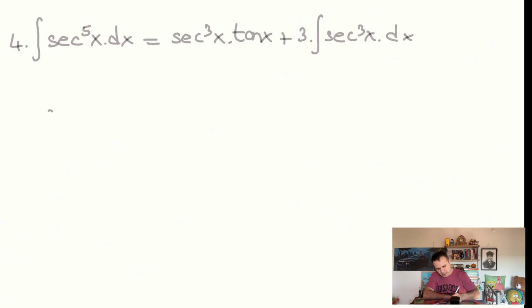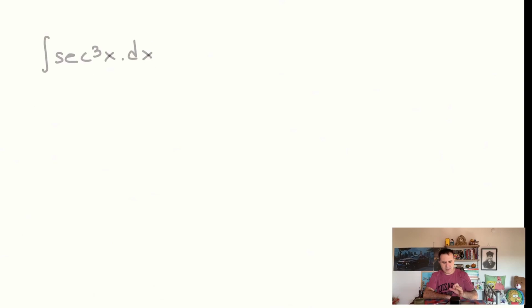Now let's write the integral of secant cube x dx. Again, to integrate this, we will reduce the exponent. Then we should write it as secant x times secant square of x dx. And we will again use the integration by parts method.